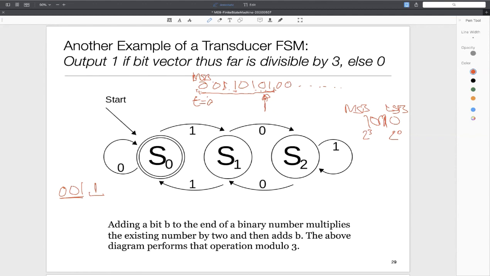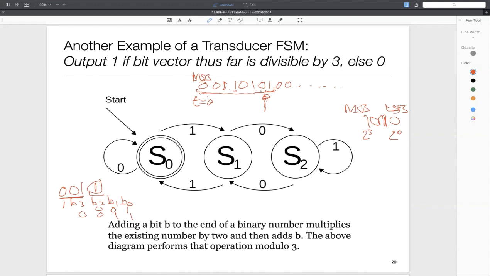So for example, say I always examine numbers. This is bit position 0, this is bit position 1, this is bit position 2, this is bit position 3. Previously I had received 001 thus far, and I had only received 3 bits. Now I received this new bit 1. So now the number I have to examine is this guy.